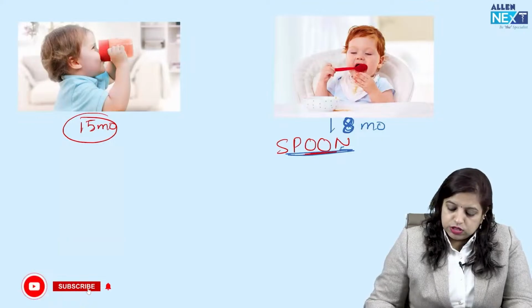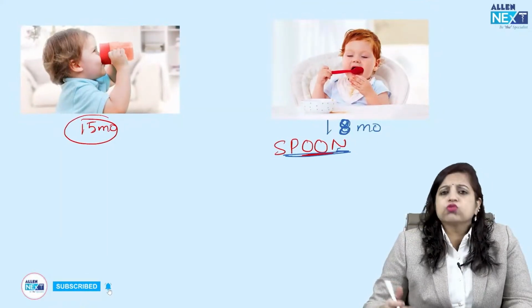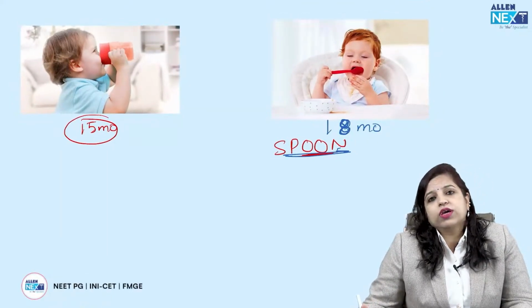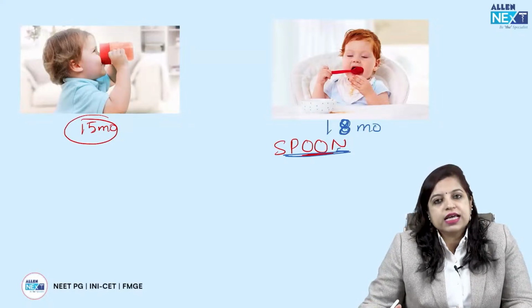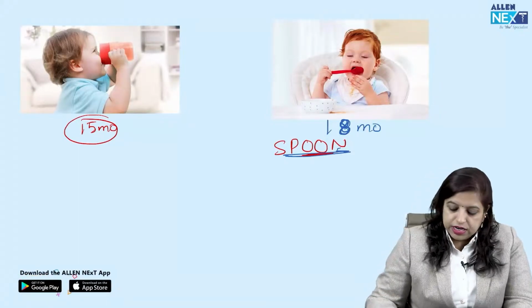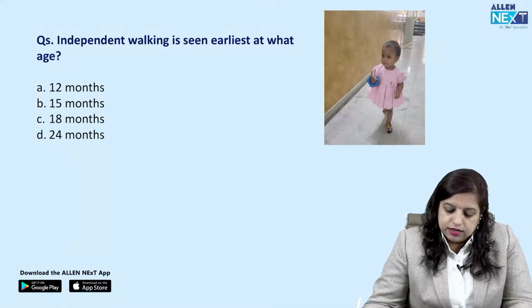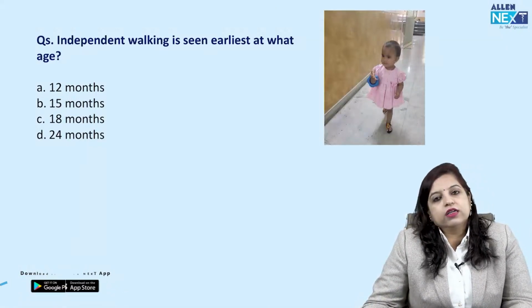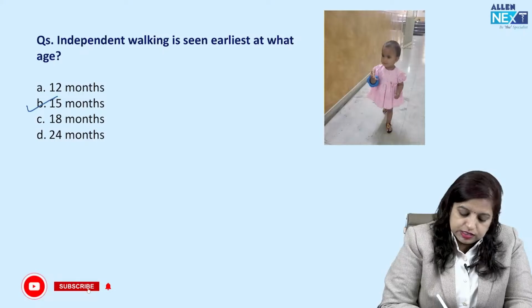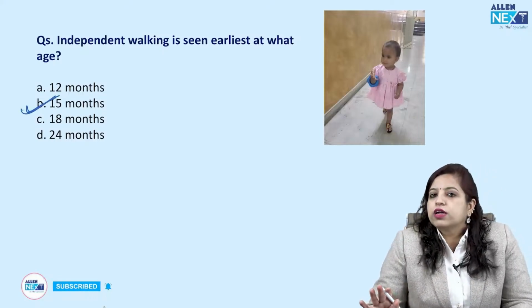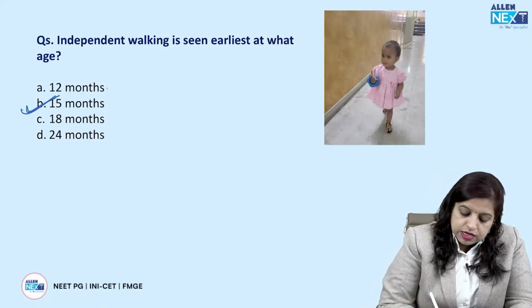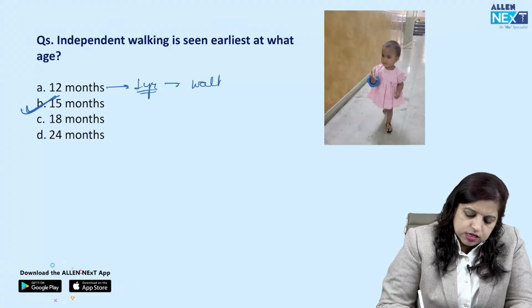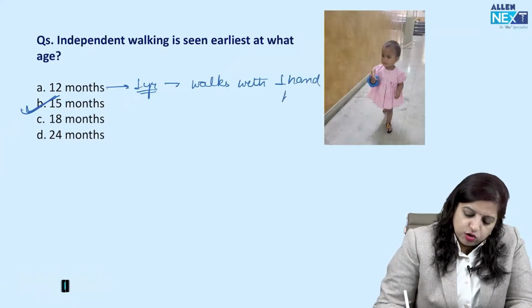Then let us come to the next milestone. Important milestones only we are discussing, guys, so that you can concisely put it in your memory, right? Independent walking is seen earliest at what age? Independent walking is 15 months. This child is 15 months, walking independently. By 12 months, which is nothing but 1 year, the child walks with one hand held. Always remember this.